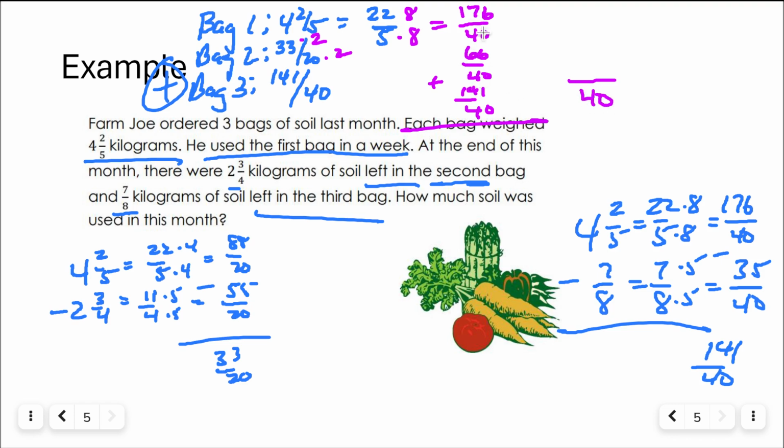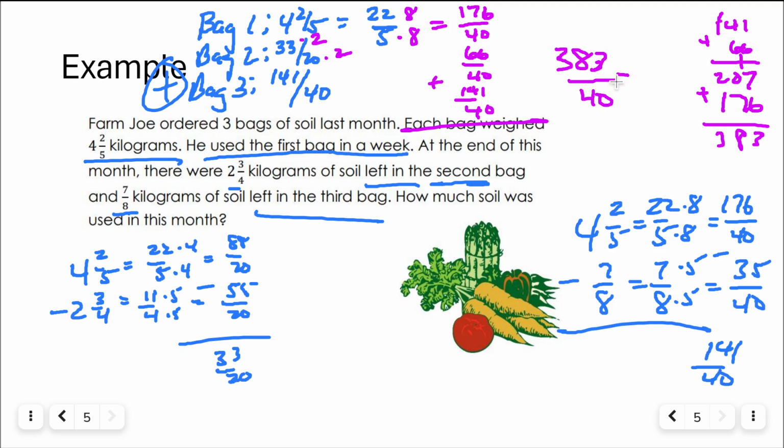66, and it doesn't matter which way I add them. I'm going to do the 66 and the 141 first. Adding these numbers is 207, and then 176 on top of that. 383. So 383/40.